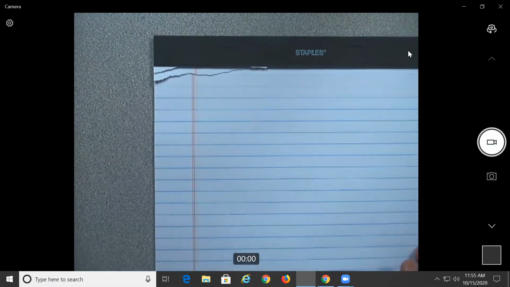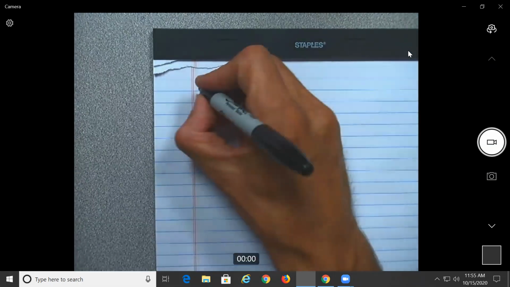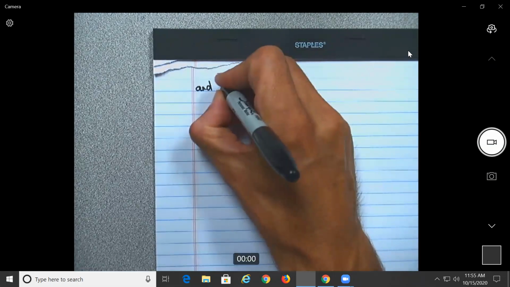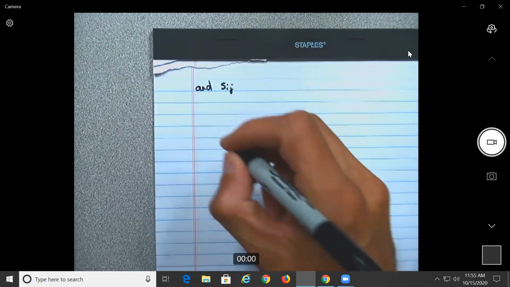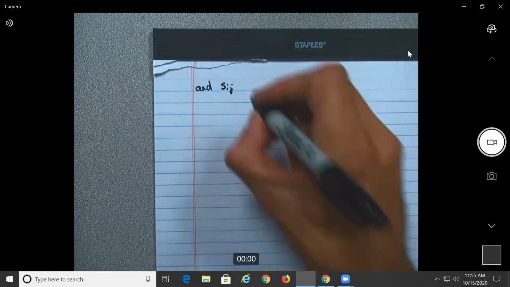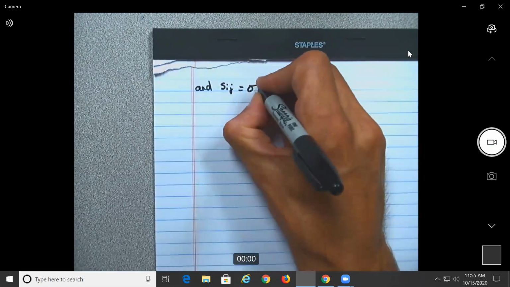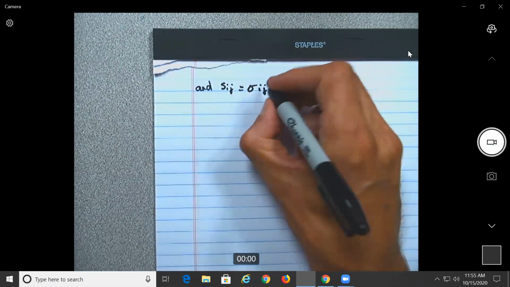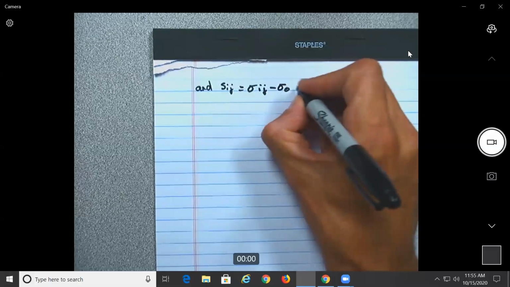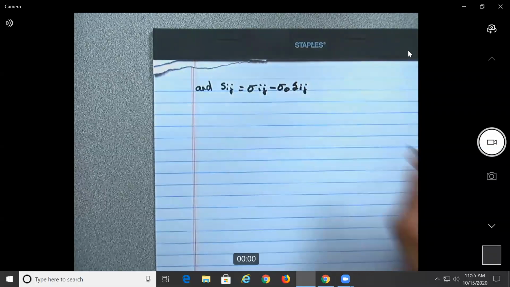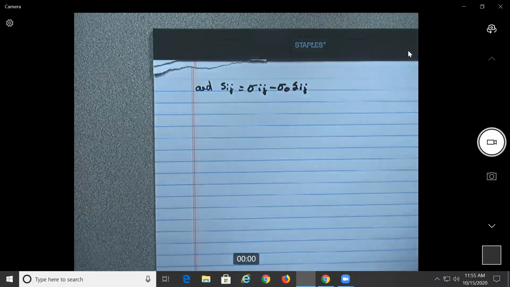We just saw that Sij, the deviatoric stress tensor, is equal to sigma ij minus the hydrostatic pressure times delta ij, which is equivalent to solving the eigenvector problem.